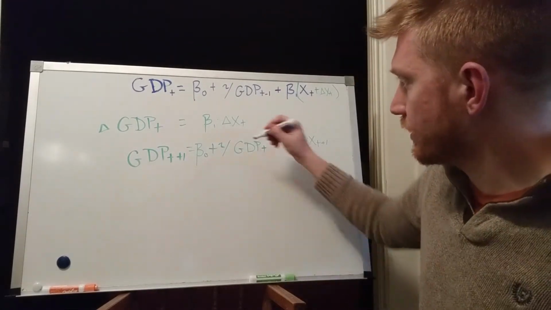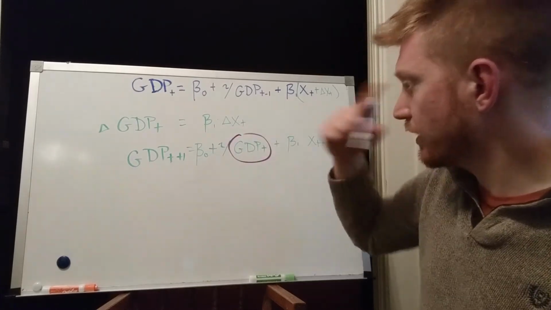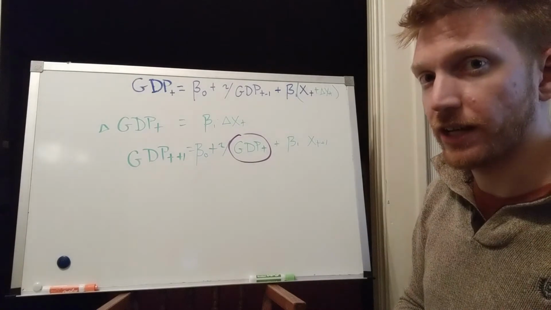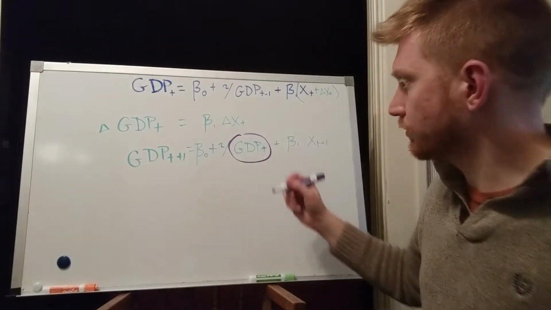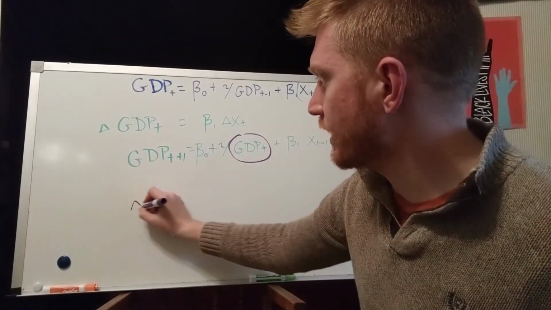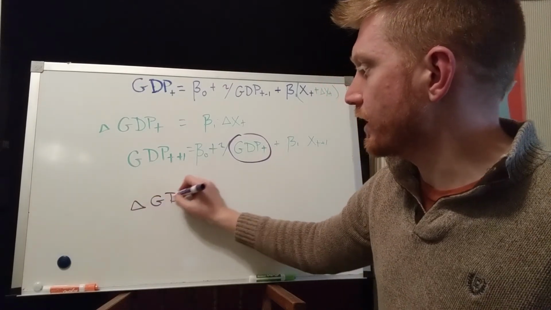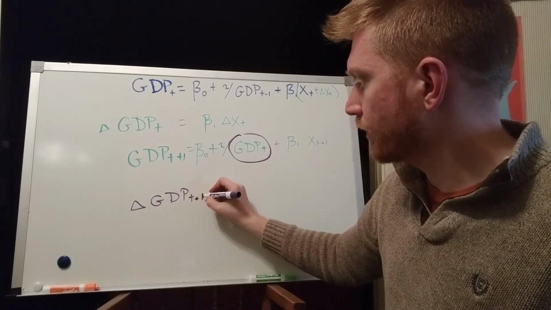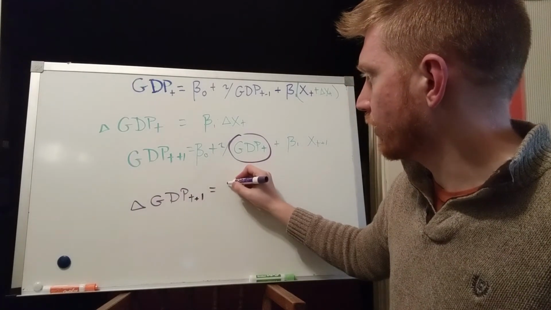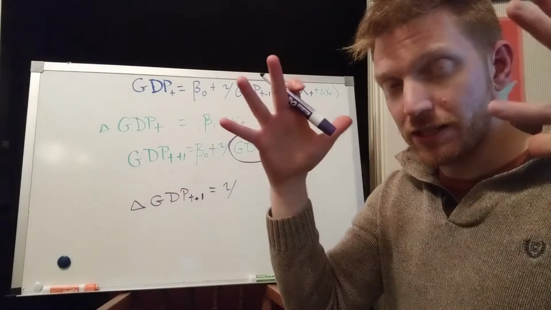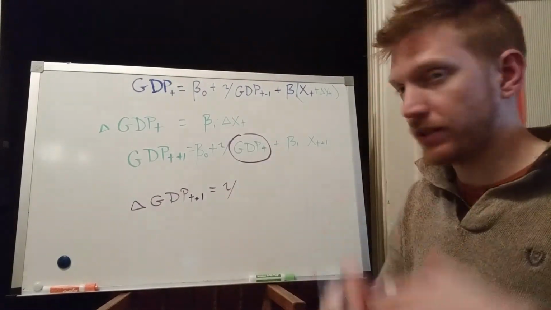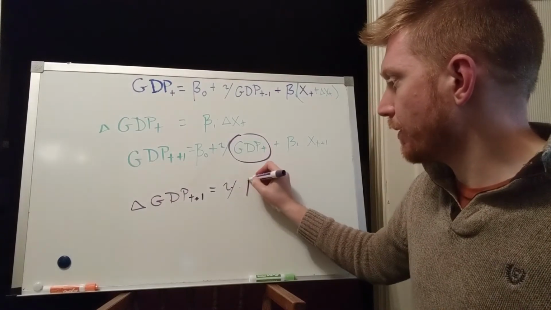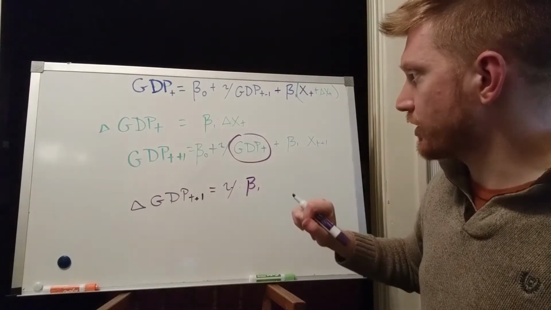Now this is changing. It's changing by this factor, beta 1 times the change in x. And so the change in GDP in our future year is going to be gamma, that was the 0.9 at first, and then we looked at the 0.5 version, times our beta, times our change in x.